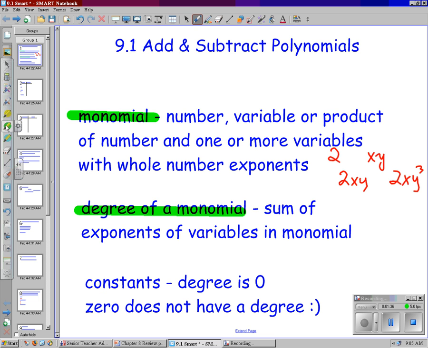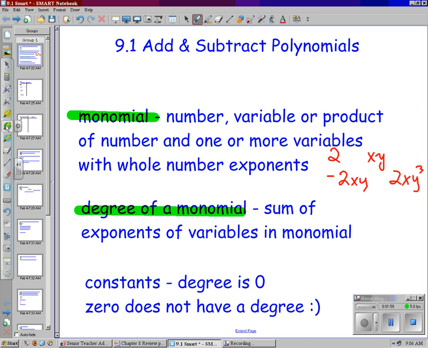I could even have a negative 2xy. Notice the exponents are not negative, the exponents are not fractions, the exponents are positive whole numbers, and it's either a constant, or the multiplication of a variable and a constant together.